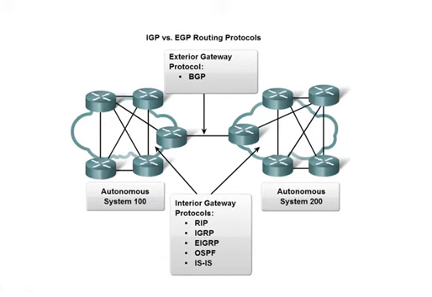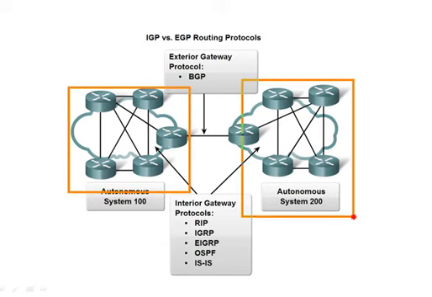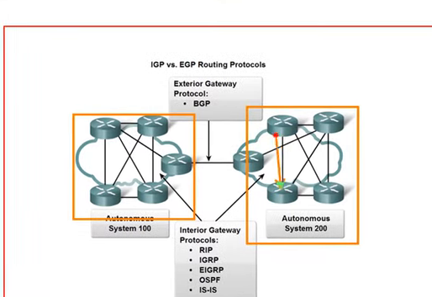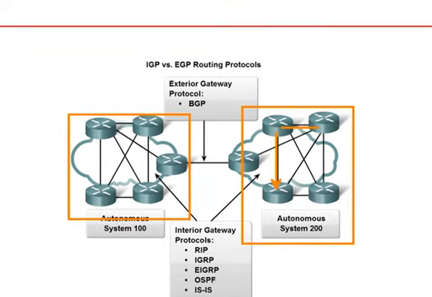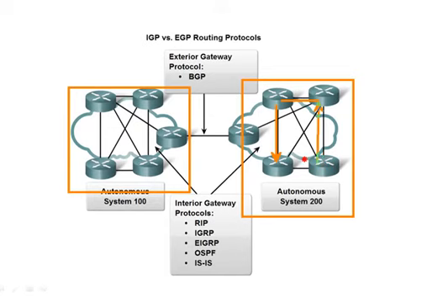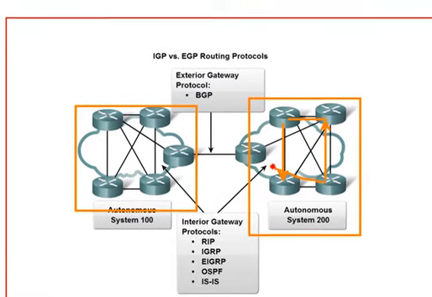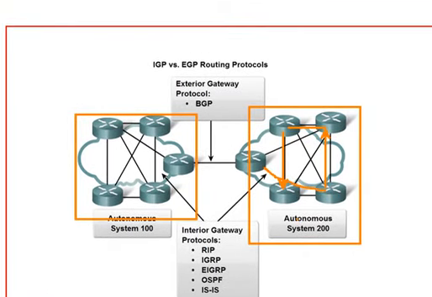Like in this example, this is AS number 100, this is AS number 200. When we have to communicate between these routers, from this router to this router, anywhere within the same AS number, that is known as the IGP, interior gateway protocol.